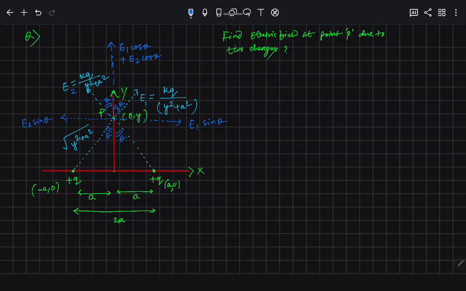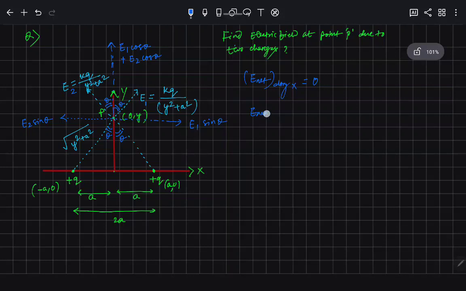So along the Y direction, the electric field will be E1 plus E2, cos theta. That means in the same direction we just add up the electric field. But along the X direction, E2 sine theta and E1 sine theta are opposite, so both cancel out. So E net along X is basically 0.